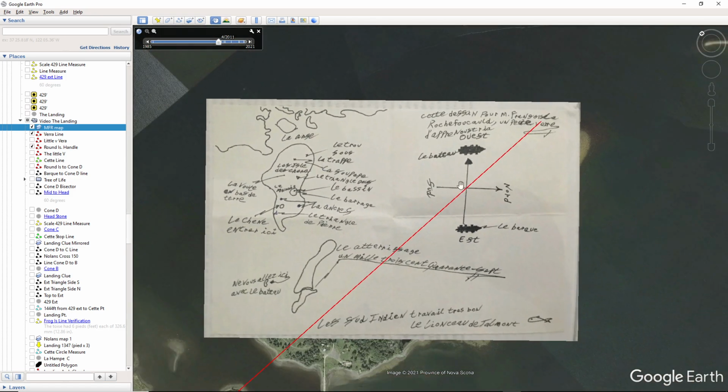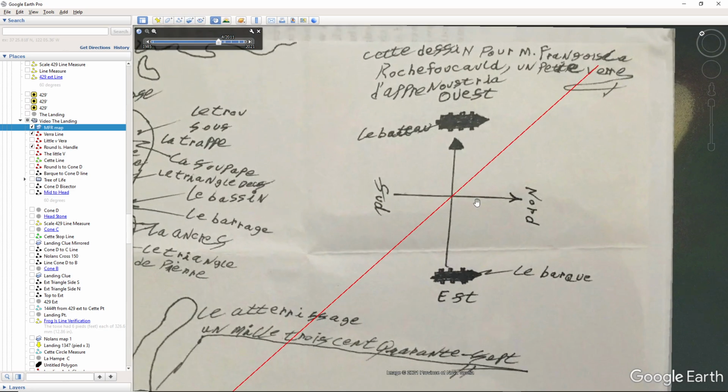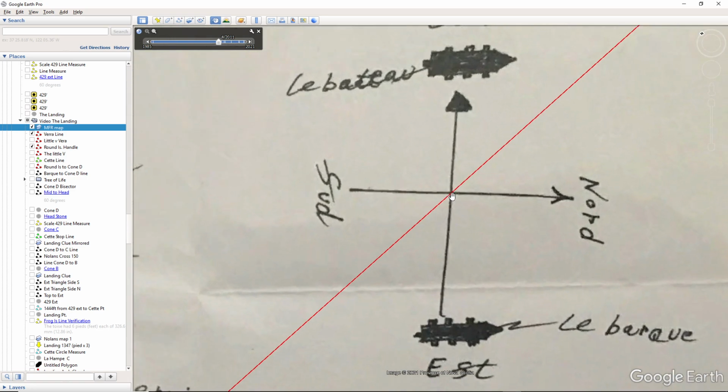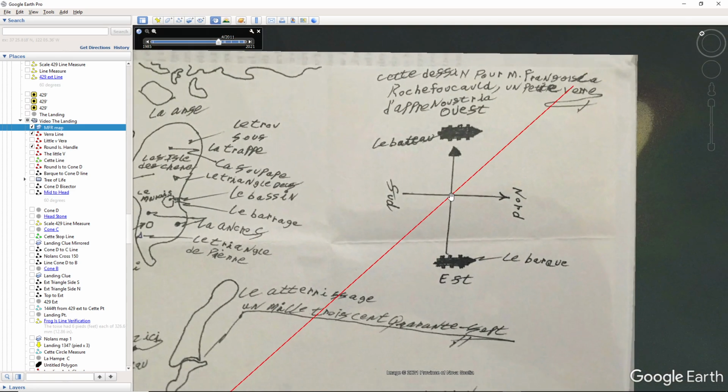conclusion, basically, of deciphering this document, we're going to find that one of the main objectives of this document is to locate this quadrant on Oak Island and its position. And actually, a little bit of a spoiler alert, this is La Hampe. This location ends up being La Hampe.